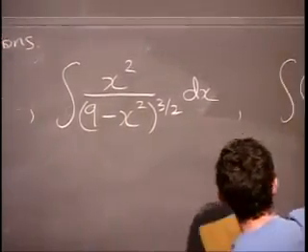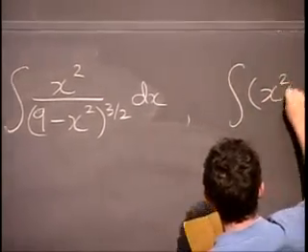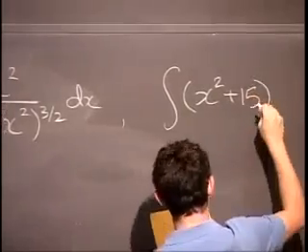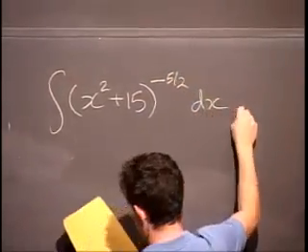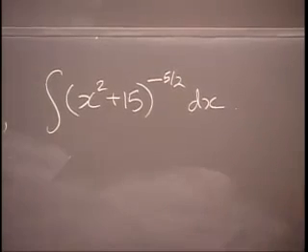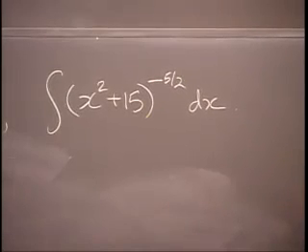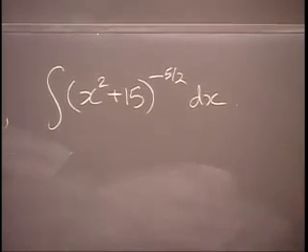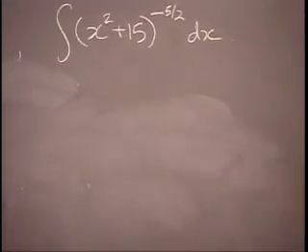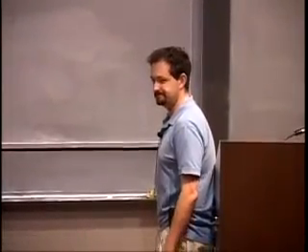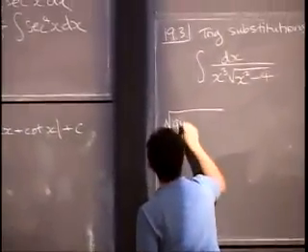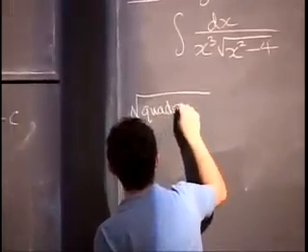And (x squared plus 15) to the minus 5/2 dx. All right, what do these have in common? The answer is that they all involve the square root of a quadratic. That is a hallmark of a trig substitution.